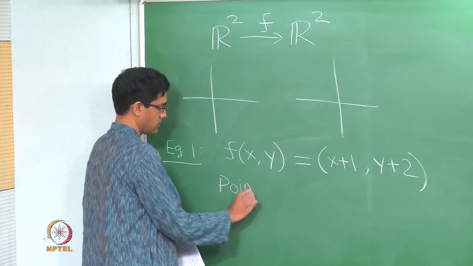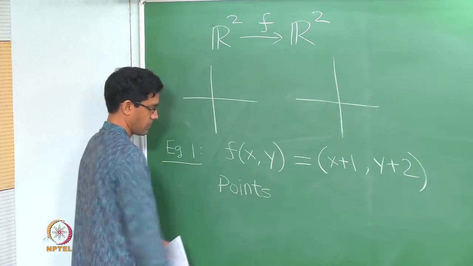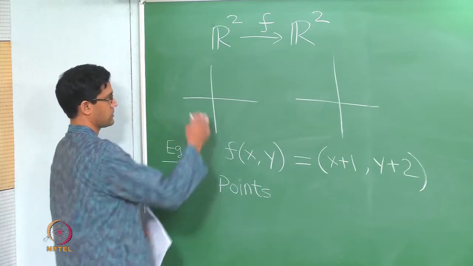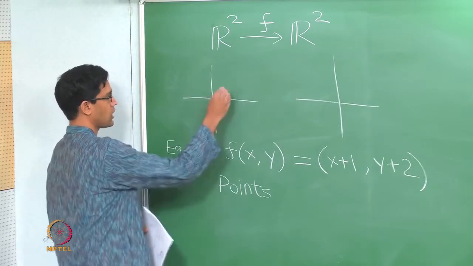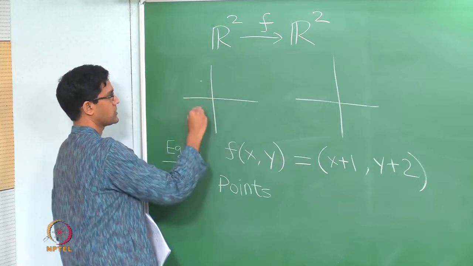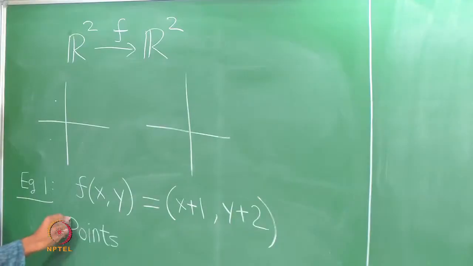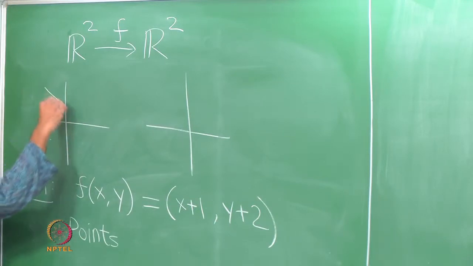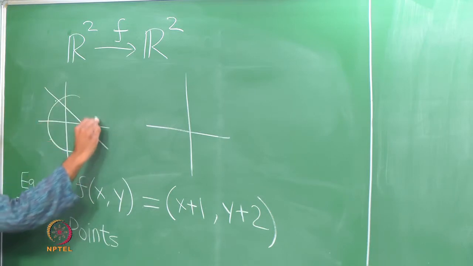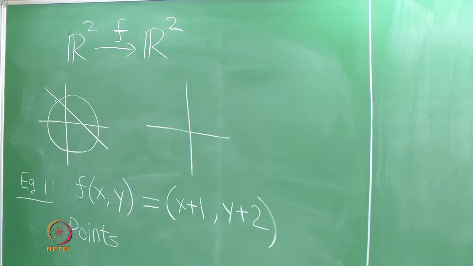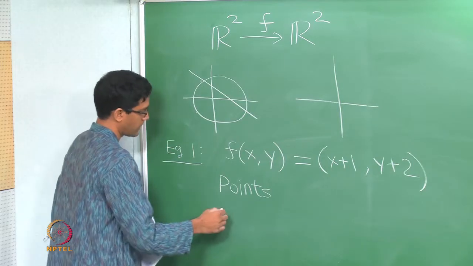So, here are the various ways of thinking about R2. What are various subsets of R2? R2 has points, and each of these is a point in R2. The other subsets of R2 of interest might be lines or more general curves. For instance, I could think of lines, circles, or even more general curves like parabolas or ellipses, or just even more arbitrary curves.